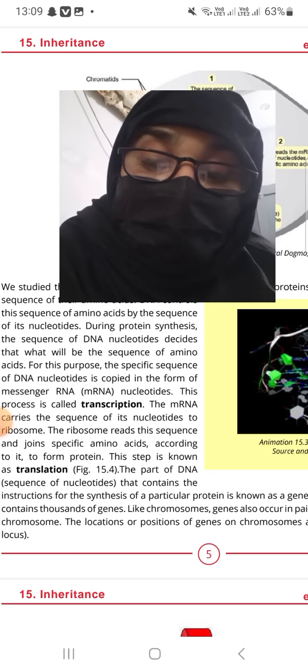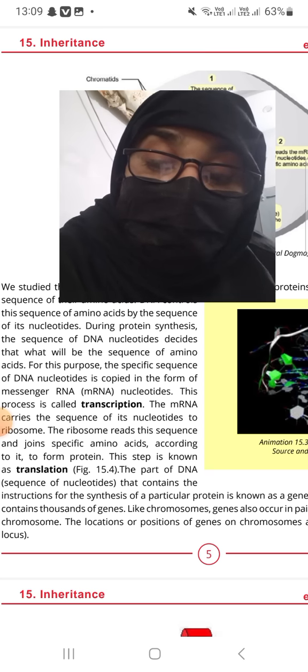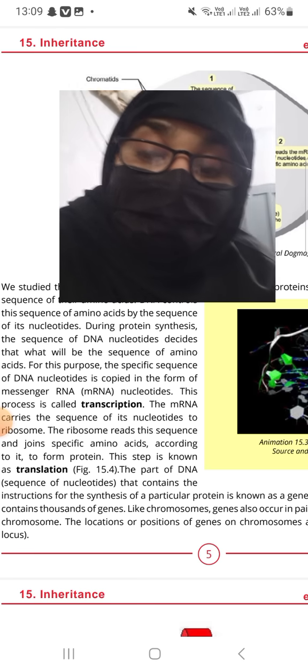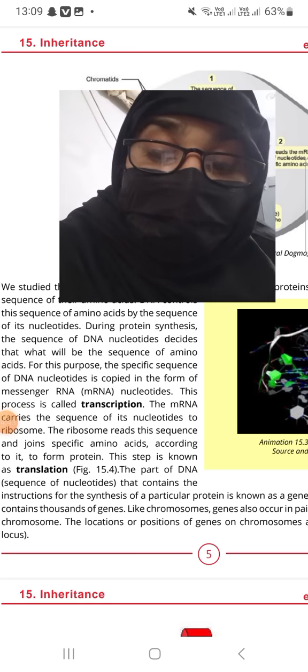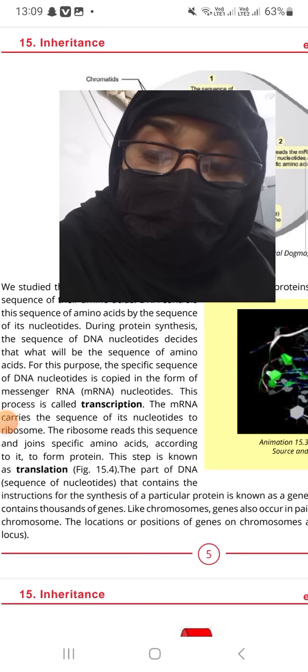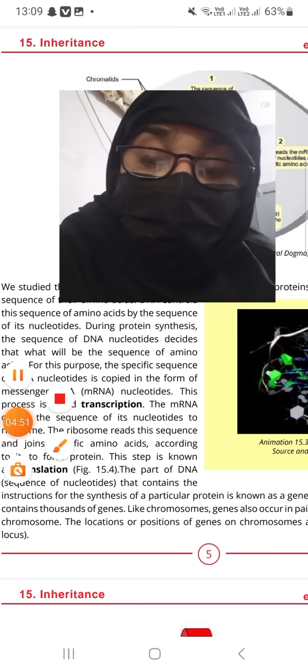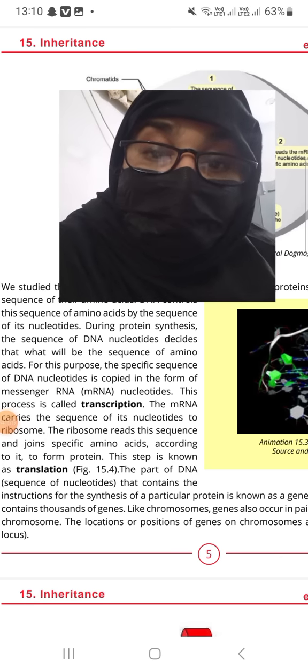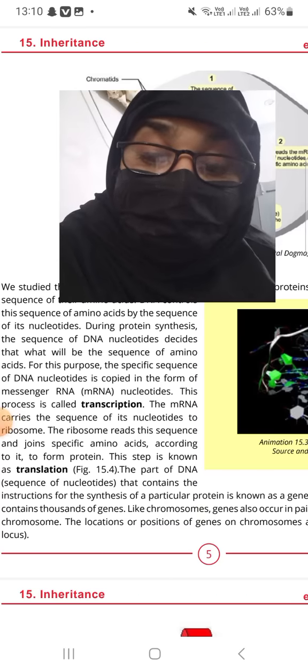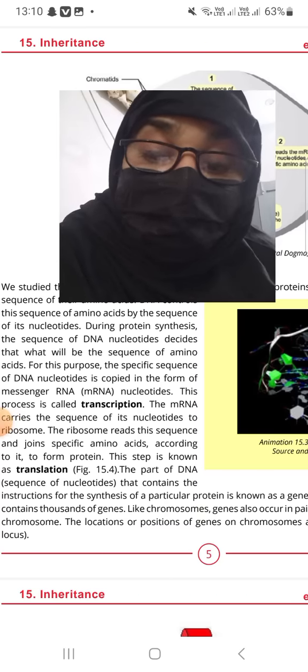Part of DNA's sequence contains instructions for a particular portion, and thousands of genes occur in chromosomes. The most important point is that the sequence is joined to specific amino acids.